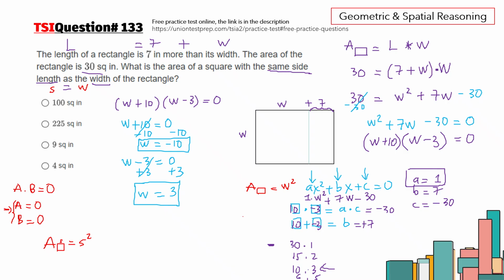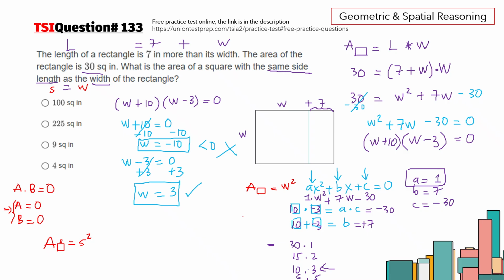For example, if you measure your room or your window, it cannot be negative. It's at least something, or the smallest is 0, which is nothing, right? So this one is less than 0. For measurement, it's not the answer. Okay. So W equal to 3 is the correct answer.